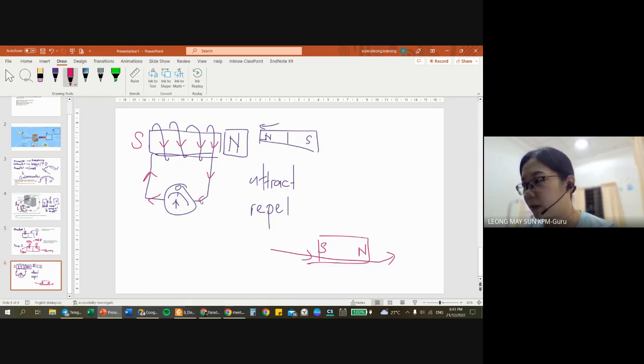Alif and Mingyu have already responded. So yes, correct. The galvanometer will deflect towards the right hand side. Why? Because the current is coming from the right. So the galvanometer will deflect towards the right hand side.